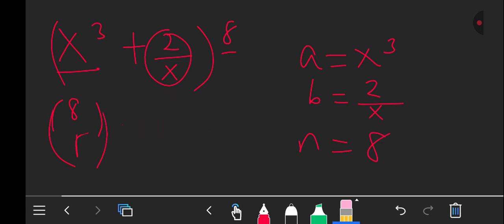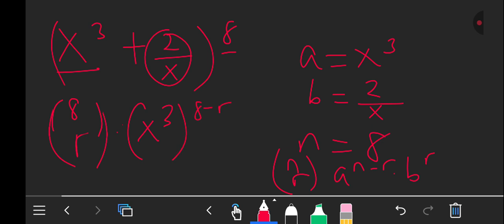So the formula is, let me just write it here, n combination r multiplied by a to the power n minus r multiplied by b to the power r. So n combination r, so n is 8, so 8 combination r, then multiplied by our a, in this instance is x to the power 3, then it will be n minus r, that is 8 minus r according to the formula.